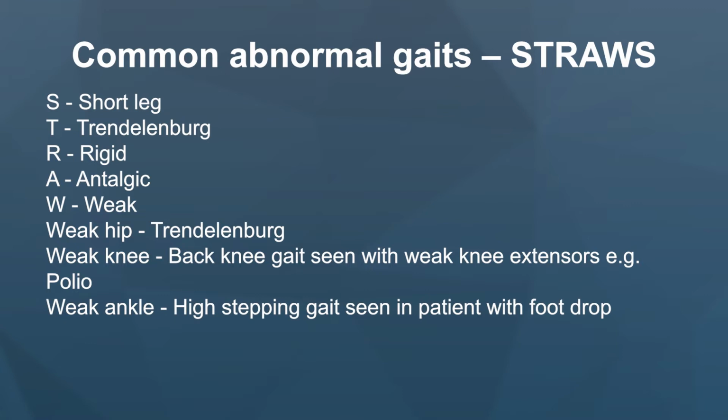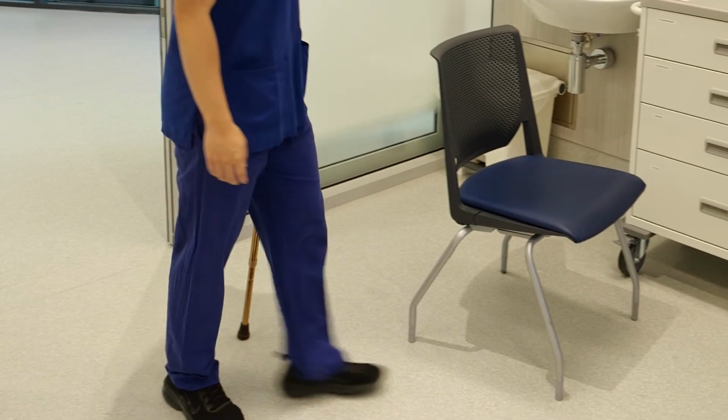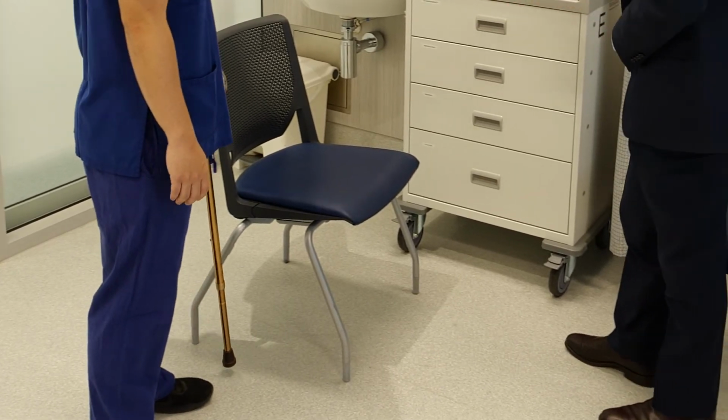Foot drop due to common peroneal nerve palsies results in a high stepping gait, so they can clear the ground. S for supratentorial, including spastic, ataxic, or equinus gaits. Finally, don't forget to look around the room for walking aids and orthoses.